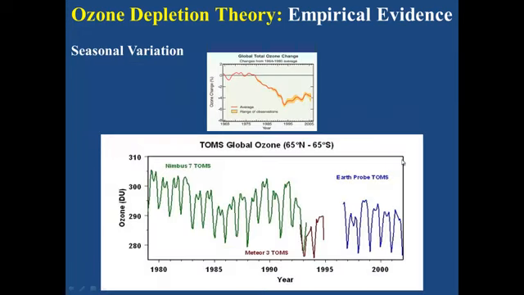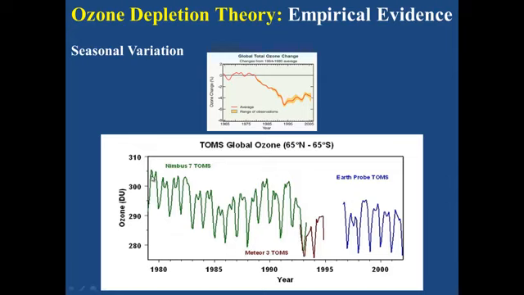The next thing we see is that there's seasonal variation. This is looking at global ozone, but instead of smoothing out the annual average, we're going to add all the day-to-day or month-to-month variability that we see in these ozone concentrations. And what you can notice is we see the same general trend, right?